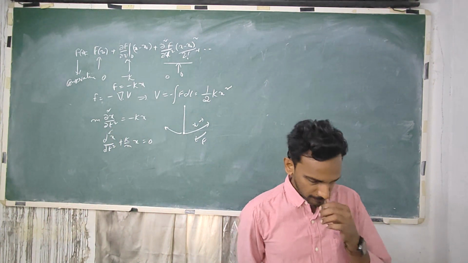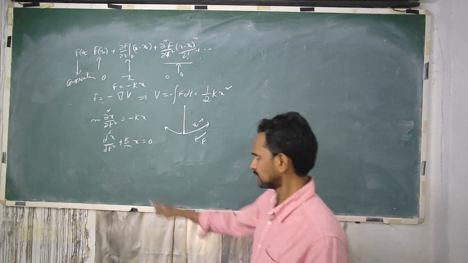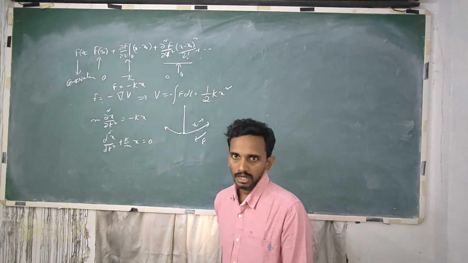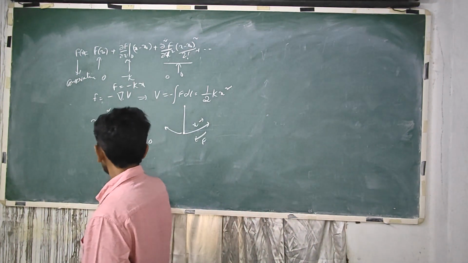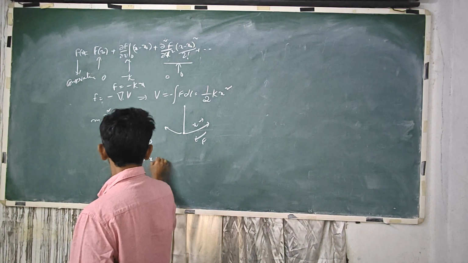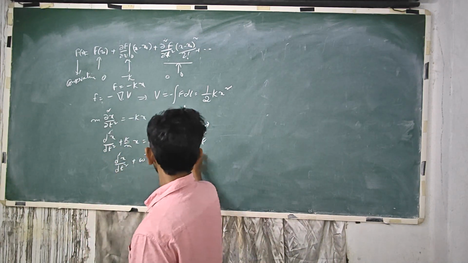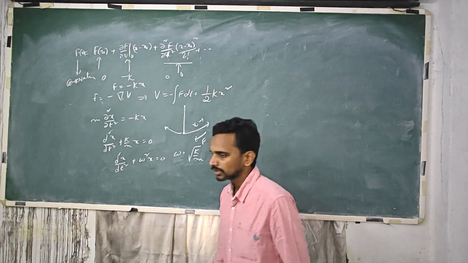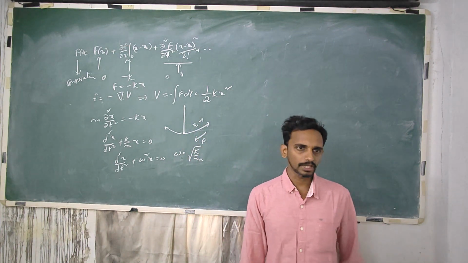If you verify the dimensions of this, it has dimensions of inverse square of time. And I am taking omega as root k by m. So I am introducing a factor of 2π by hand.